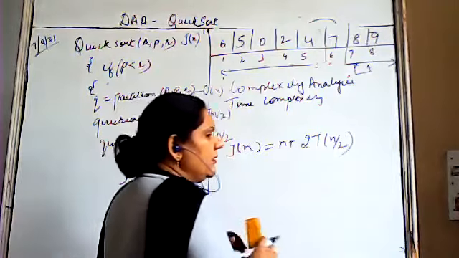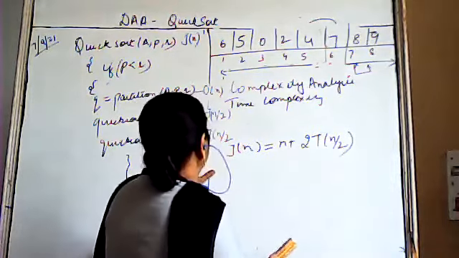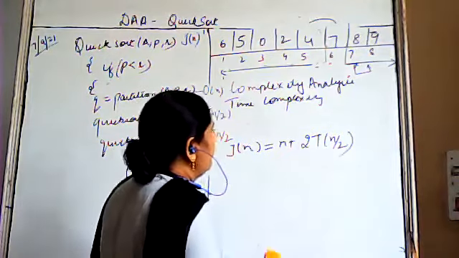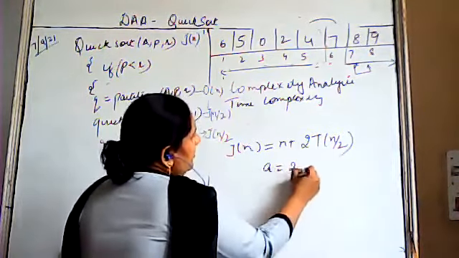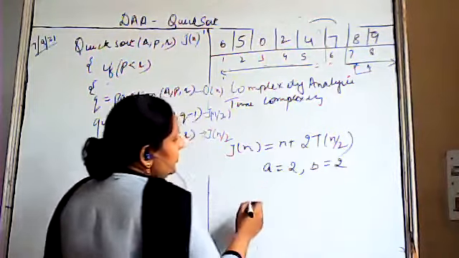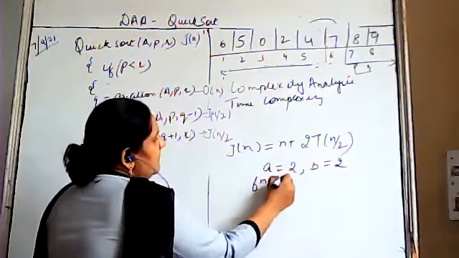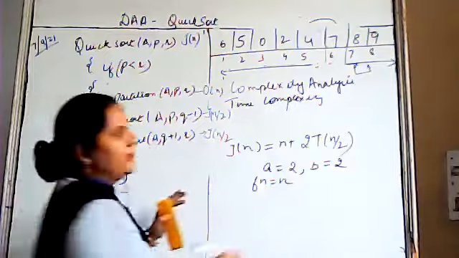Here the coefficient of A is 2 and B is also 2, and f(n) is n, and the power of d is 1.